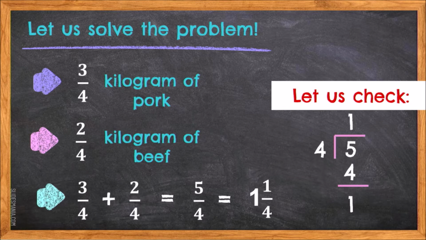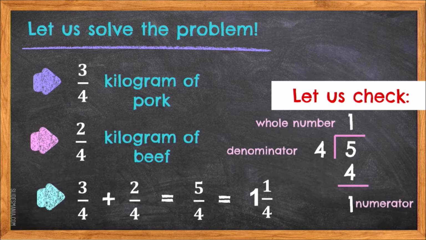Here, let us identify the parts. The quotient is the whole number, which is 1. The denominator is the 4. And the remainder, which is 1, is the numerator. So our answer is correct. 5/4 is equivalent to 1 and 1/4.